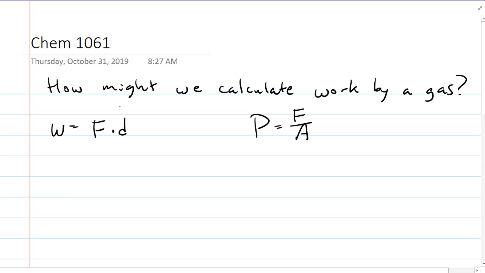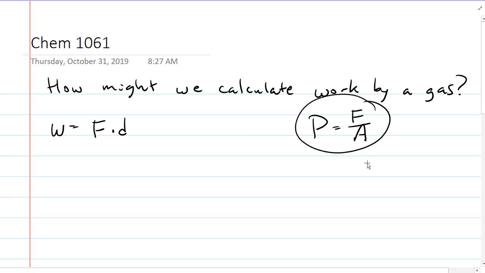Now what I want to do is make a substitution for the variable F. To do that, I need to rearrange this equation and solve for F. To get F by itself, I have to multiply each side by A, the area.